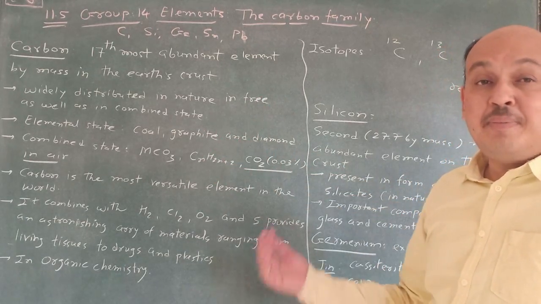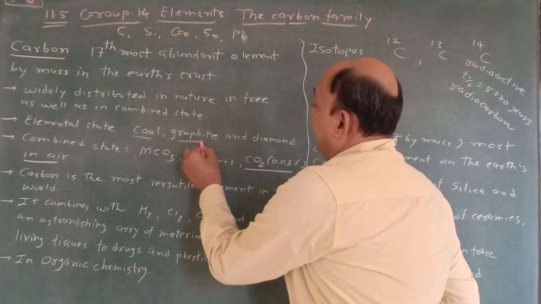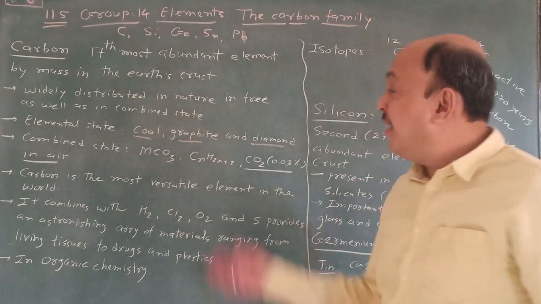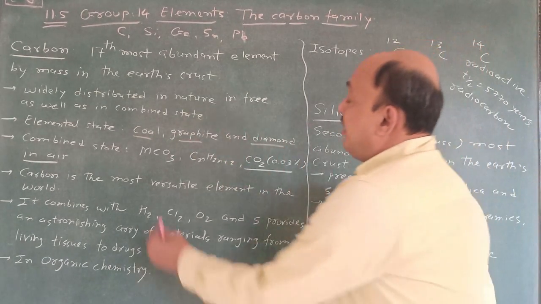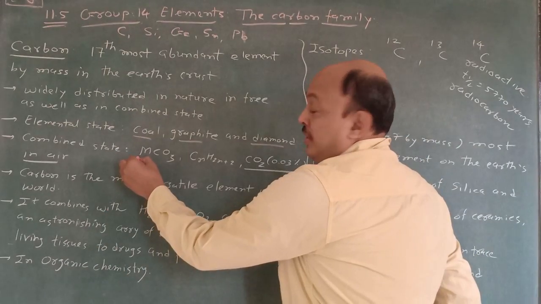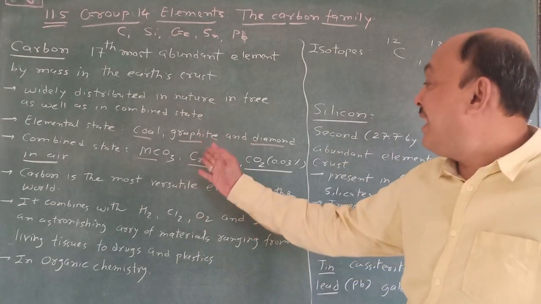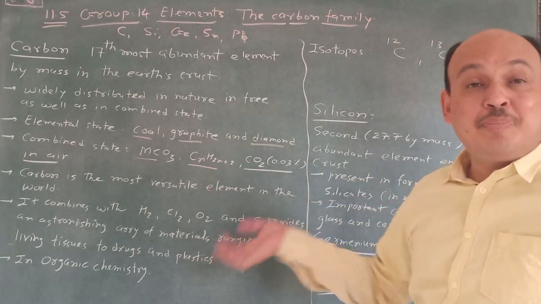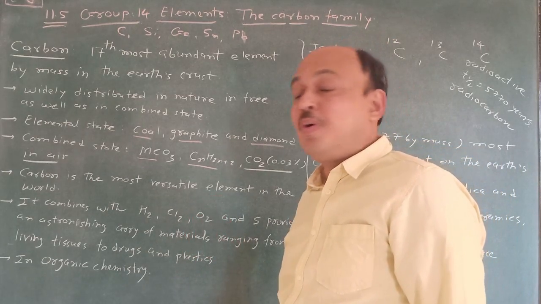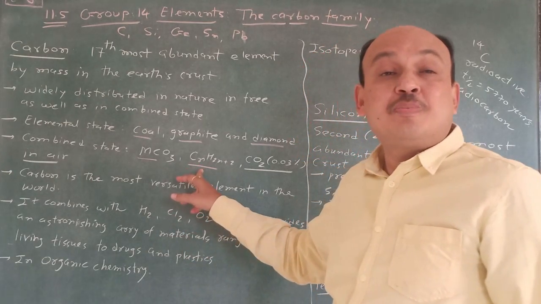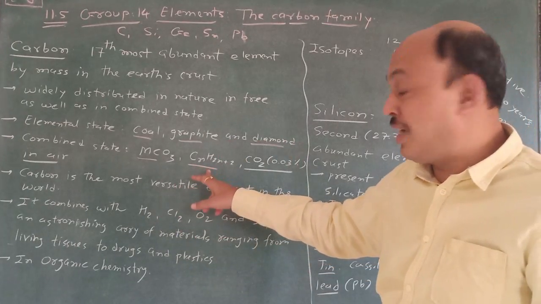In the elemental state, carbon is obtained as coal, graphite and diamond. You know this one? Coal, graphite and diamond. In the combined state, we can say metal carbonates and hydrocarbons. Suppose I write it here: methane, ethane, propane, butane. All organic compounds made up of carbon and hydrogen are hydrocarbons.